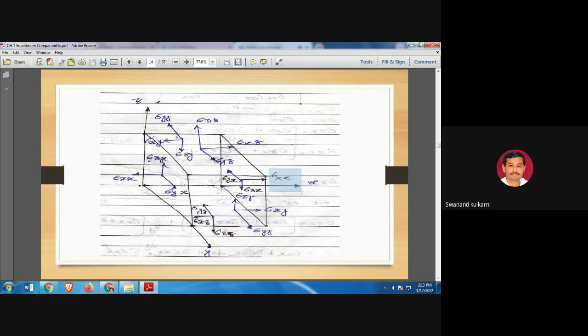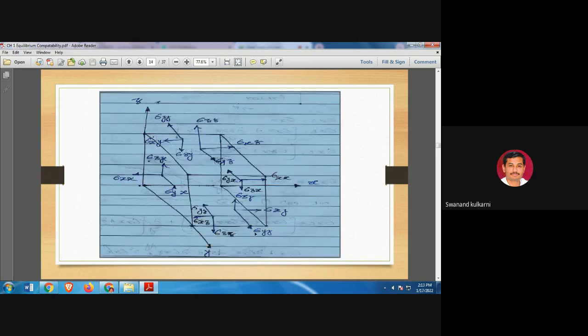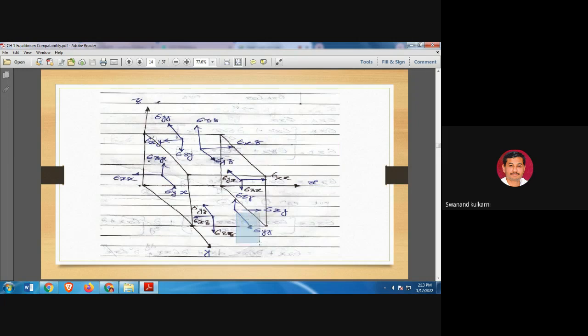As far as sigma xx is concerned, it is the stress along the x-axis. Sigma xx is shown for the positive x-axis and also for the negative x-axis. Then you can observe sigma yy, parallel to the y direction, shown here and similarly here.